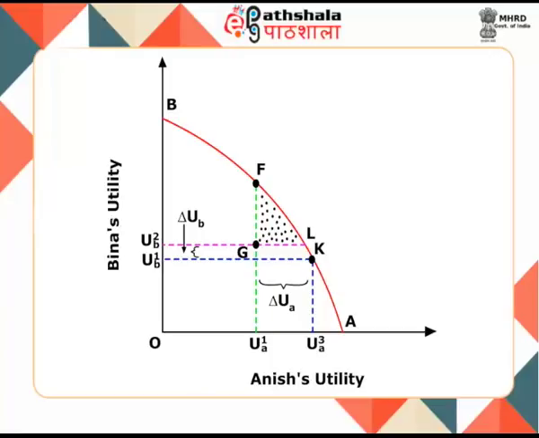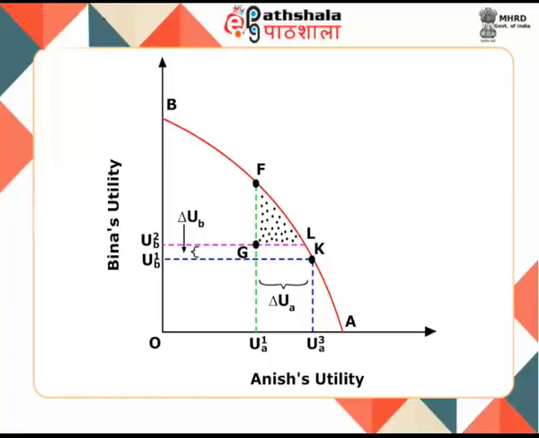When the Pareto improvement is not possible, the point becomes Pareto optimal. Hence, all the points on curve AB are Pareto optimum. That is why we may call this curve the Pareto frontier. We may consider an allocation to be inefficient if any improvement over that is possible. Point G is inefficient as improvement in allocation is possible.